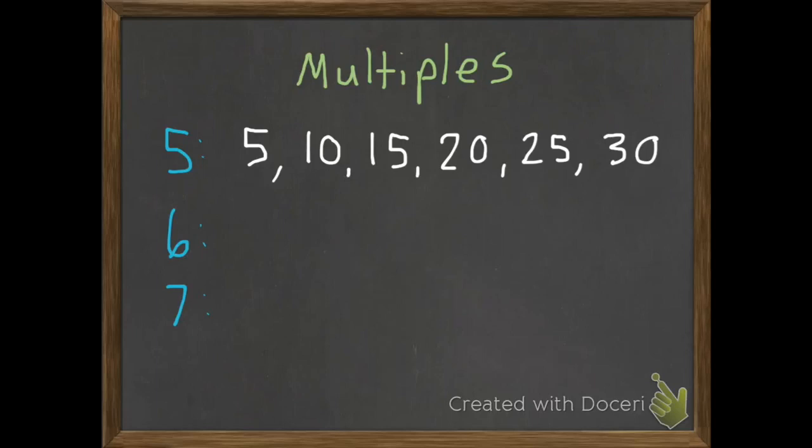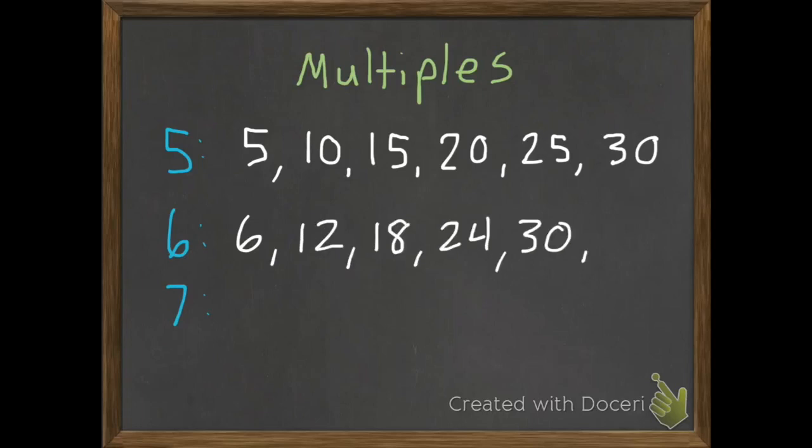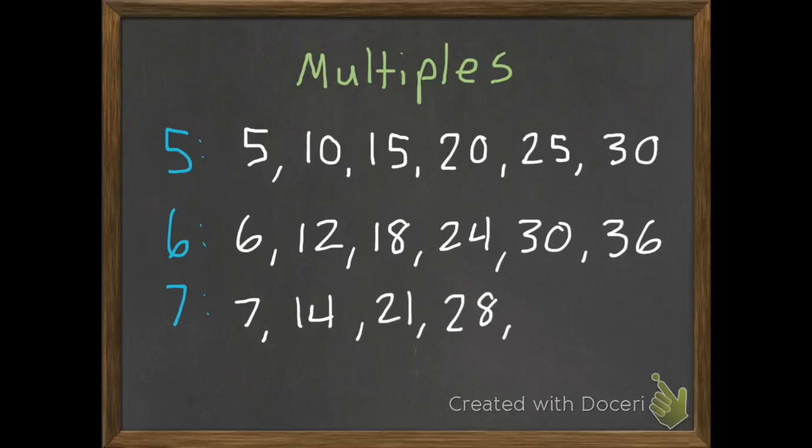So we're going to stop there. Multiples of 6 are 6, 12, 18, 24, 30, 36. The multiples of 7 are 7, 14, 21, 28, 35, and 42. So those are our multiples of 5, 6, and 7.